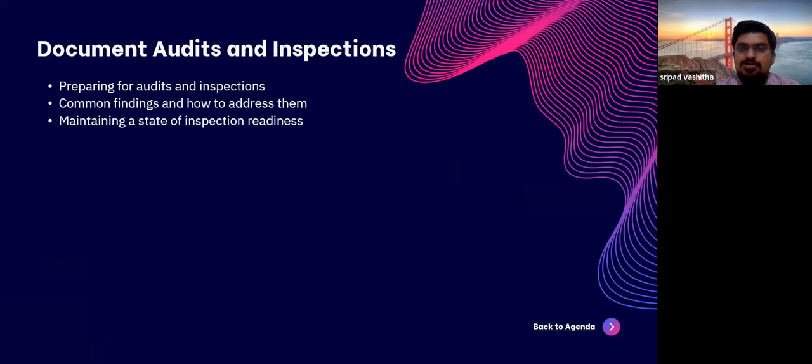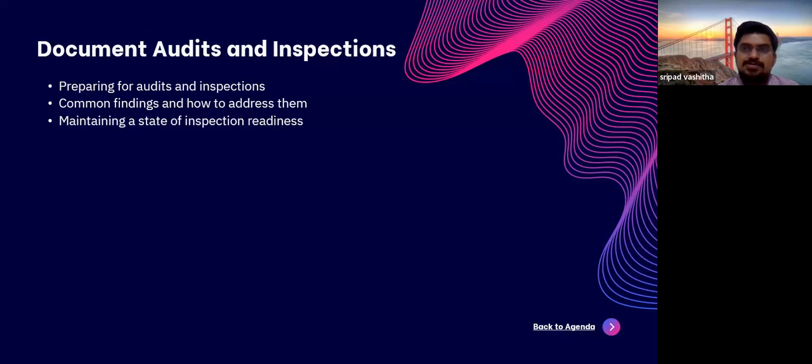Okay. Document audit and inspection. Why do we need to have an audit in place? Why does one have to inspect it? Correct. So when you are getting any approval from any health authority, then there would be an audit. When they audit, they are not going to come and see how you do the activity.